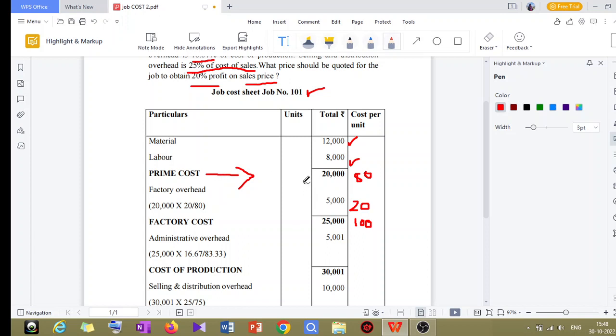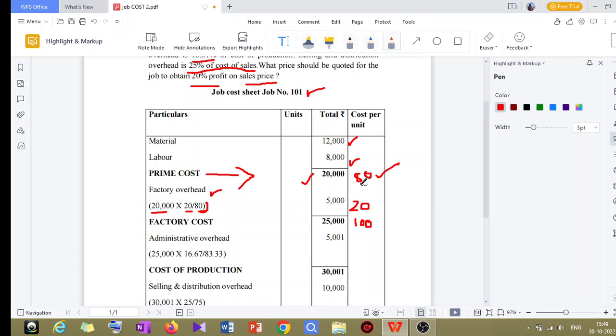So till prime cost you came to know it is 20,000. Now we need to calculate the factory overhead. We don't have factory cost, so we need to calculate the factory overhead on the basis of prime cost now. Got it? So 20,000 into 20 by 80. We have to calculate on the prime cost because 80 will be your prime cost.